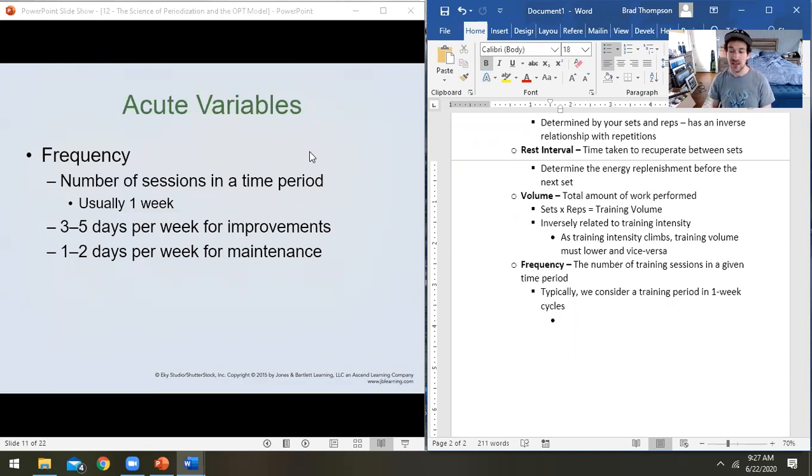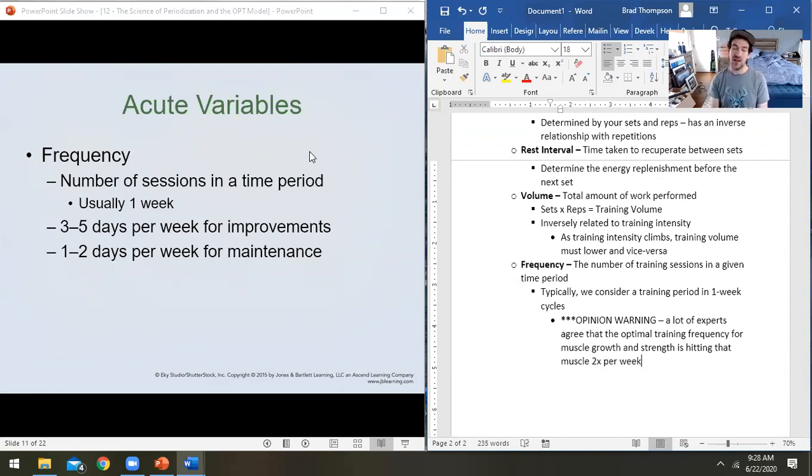Now, again, this is not in your NASM book, so we are asterisking this, with an opinion warning. A lot of experts agree that the optimal training frequency for muscle growth and strength is hitting that muscle 2 times per week.